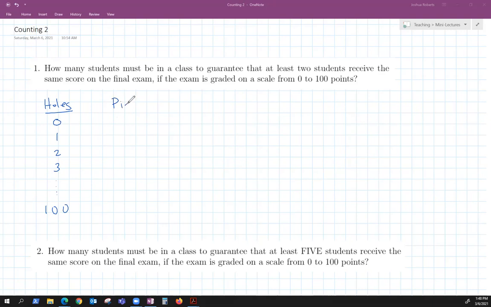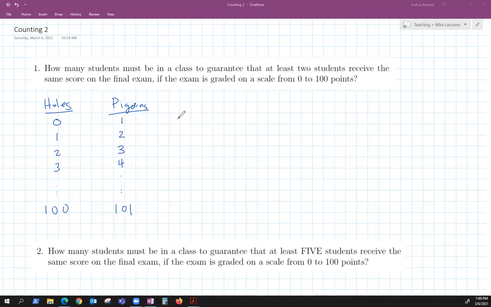And the pigeons are going to be people. So we could have one person that scores a 0, a second person that scores a 1, a third person that scores a 2, a fourth person that scores a 3, all the way down to a 101st person that scores a 100 on the final exam.